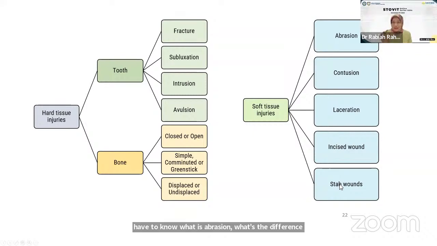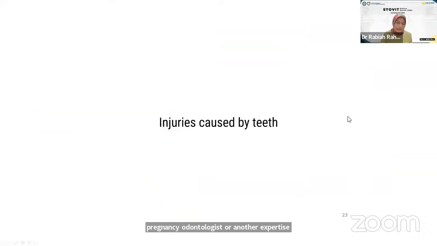The choice of this word, everything that you put in your opinion or in the report, should be checked. You have to be very mindful, very thoughtful, and it is best for you to do the case with at least another forensic odontologist or another expert. Next type of opinion is injuries caused by teeth.